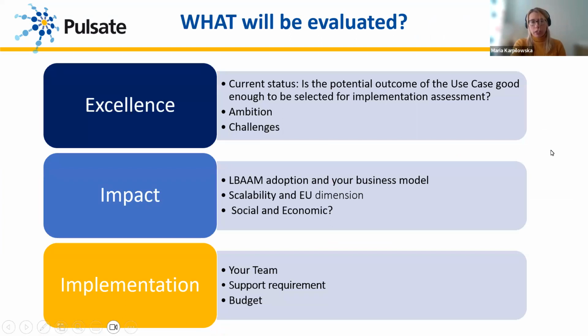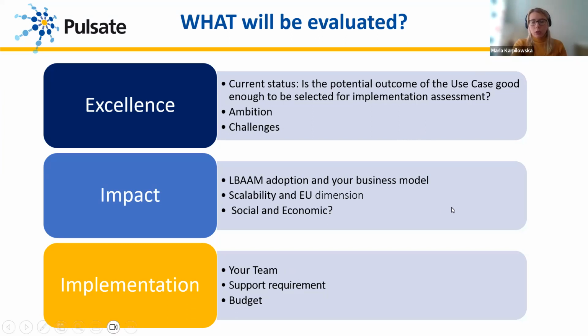About the criteria evaluated by external and independent experts. There are 3: excellence, impact, and implementation. We talked a bit more about those criteria in the first webinar. Today, we would like to focus a bit more on the 3rd criterion, implementation, because this is where we ask you to indicate what kind of support you will require from the Pulsate consortium.